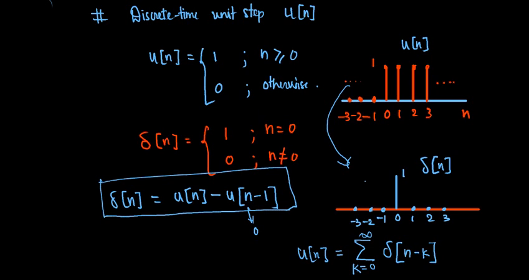How many of you didn't get this? Okay, what I'm saying is that u of n is defined from 0, 1, 2 and so on. It's 0 otherwise. How can I obtain del of n from this signal? Del of n is only defined at 0.